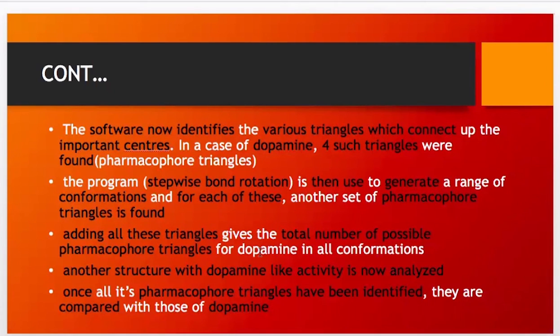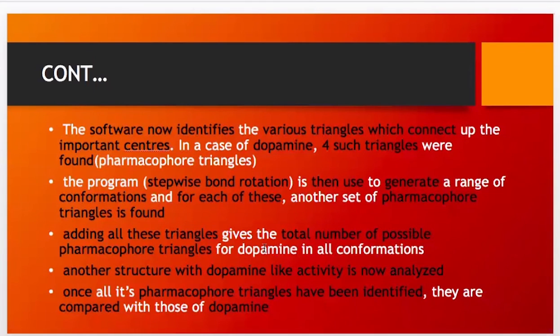Okay, and then you can now look at another compound that has similar activity to dopamine, because for dopamine you have identified the binding centers, the triangles and the different conformations. What do you do next? You pick another structure or compound that has similar activity to that of dopamine.